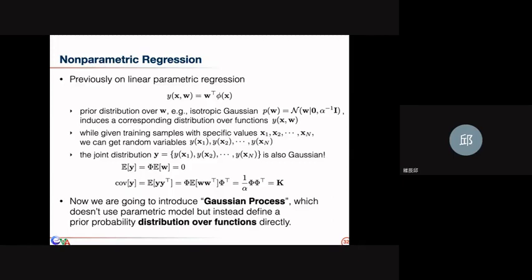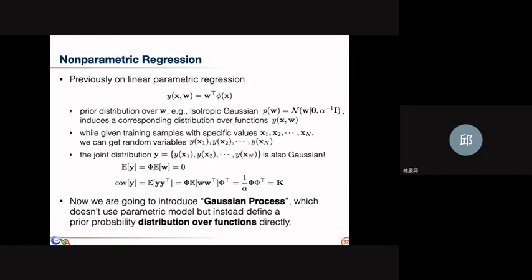Okay, so you can try to see here. This is a very simple regression form. What you do in this simple regression problem is that you first try to map your data into the feature space, and then you take the inner product with the parameter w, such that it can be mapped to the y.